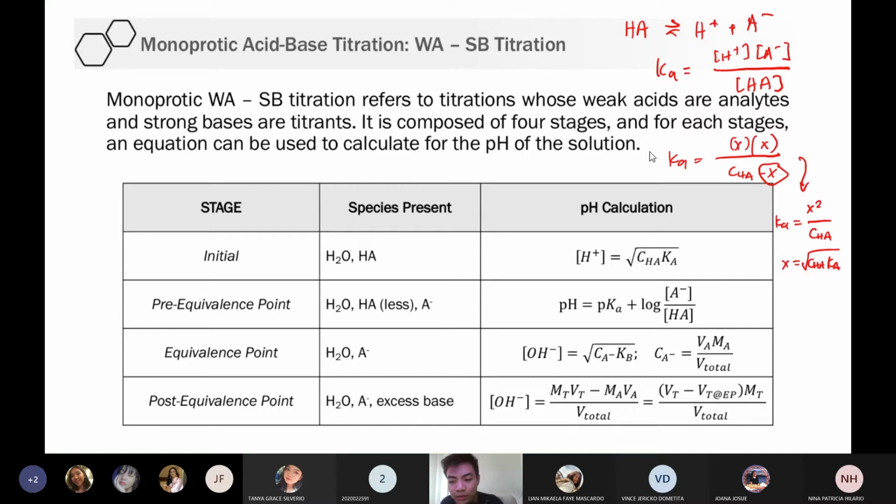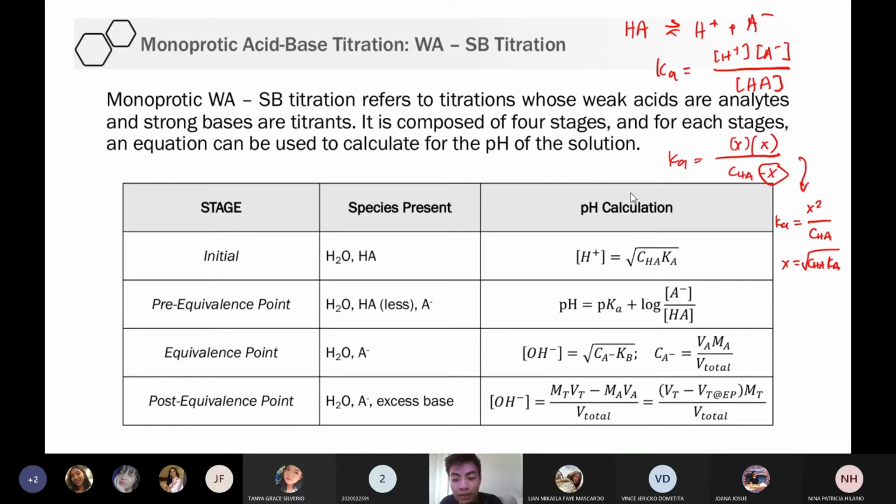Pag nagbasa kayo ng textbook nyo, either that's Skoog or Klein, o kaya nanood kayo ng ibang YouTube channels like Khan Academy, Professor Dave, or others, even sa Crash Course, meron na ito, no? They will give you this equation.